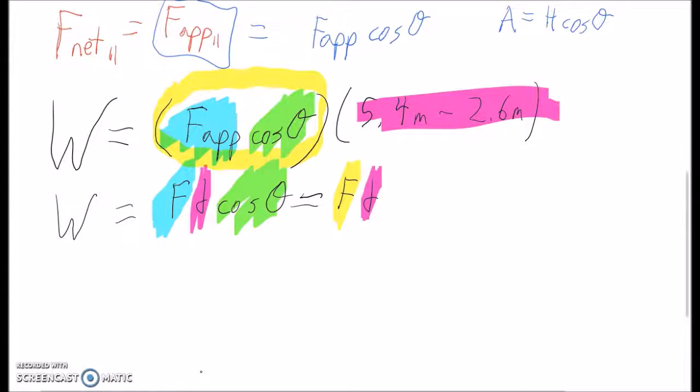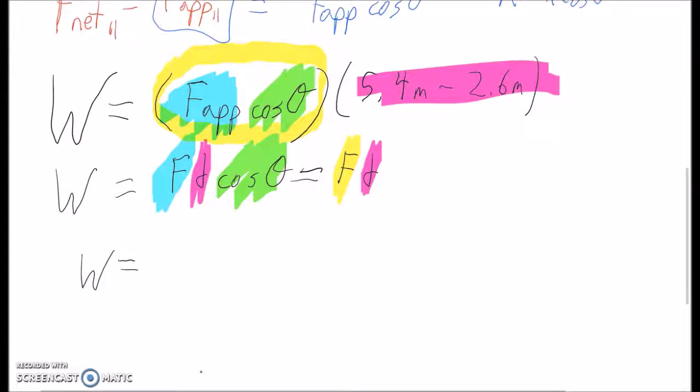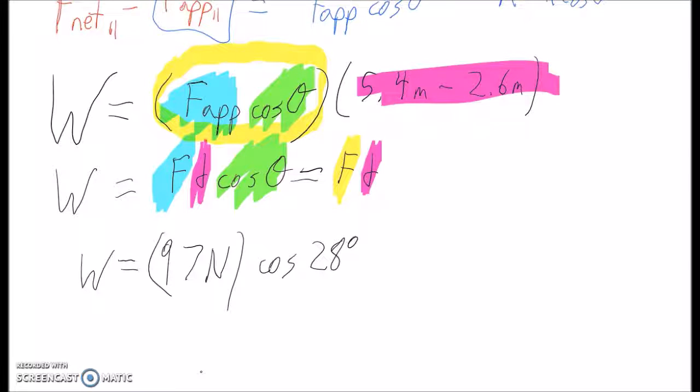So our work equals, what do we have for force applied? 97 newtons times cos of 28 times 5.4 minus 2.6 is 2.8 meters.